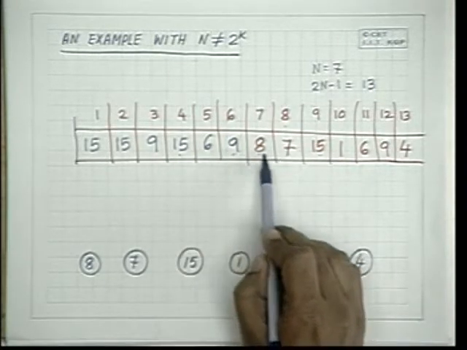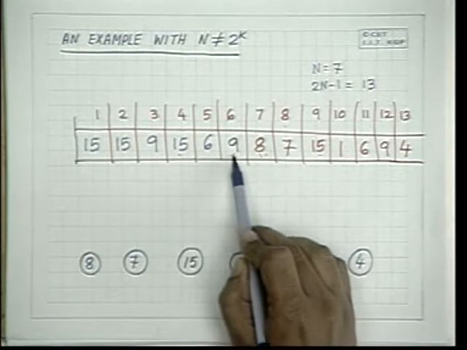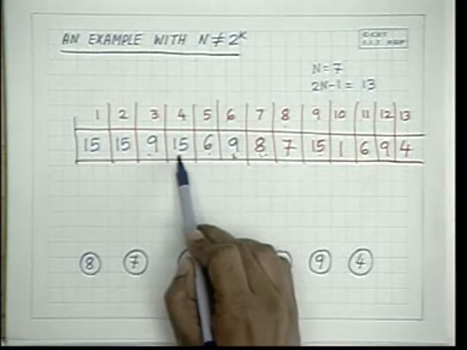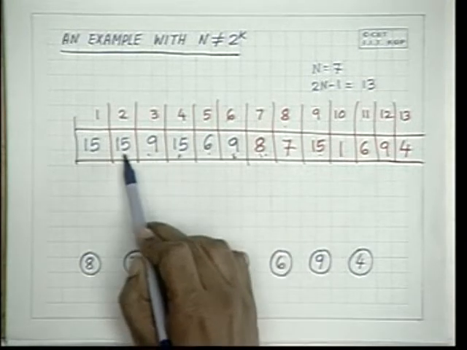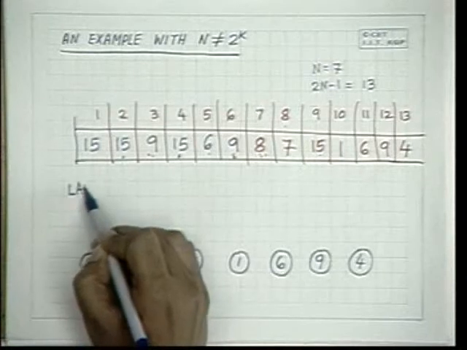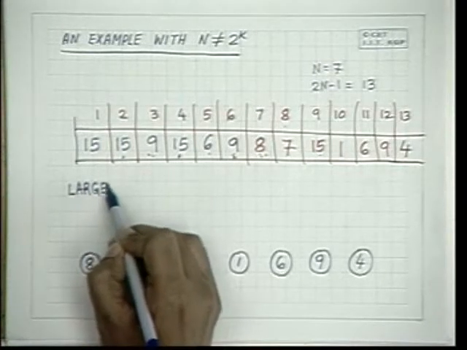The comparison of these two elements in 6 and 7 is stored here. The comparison of these two in locations 4 and 5 is stored here. And the comparison of these two is stored here. So now we have found out our largest, which is equal to 15.